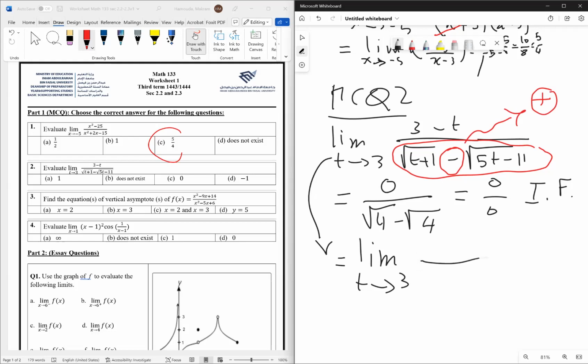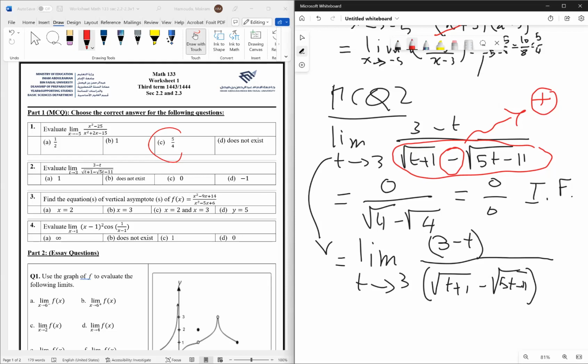Okay, so my expression will be the following. 3 minus t. Then what I have in the denominator, I will put it between parentheses, because it will be one block for this expression, root t plus 1 minus root 5t minus 11. Okay, and now I will introduce also the conjugate.